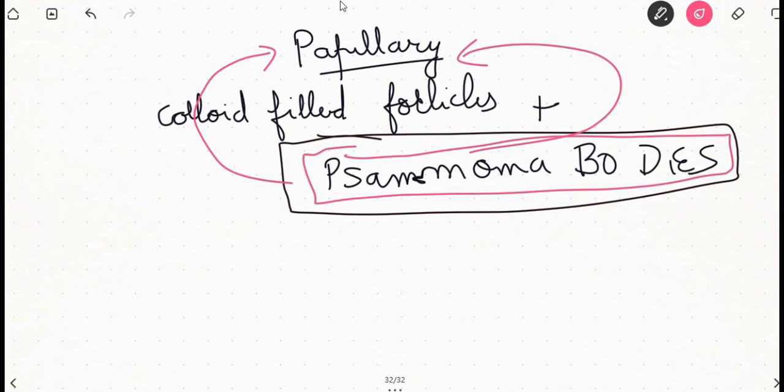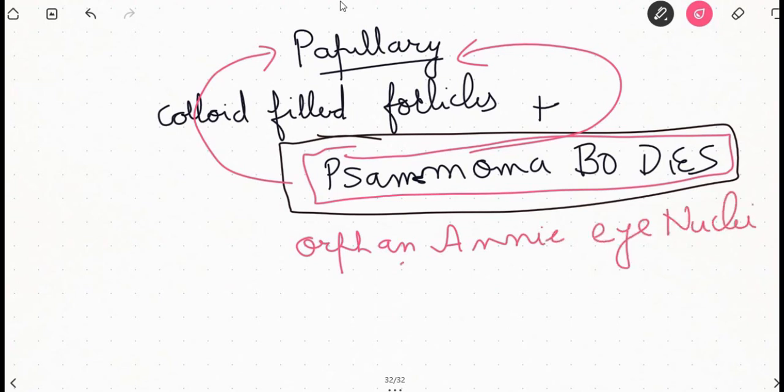The characteristic pale empty nuclei are present, which are known as Orphan Annie eye nuclei. So Psammoma bodies and Orphan Annie eye nuclei in the papillary type. It generally affects young females.